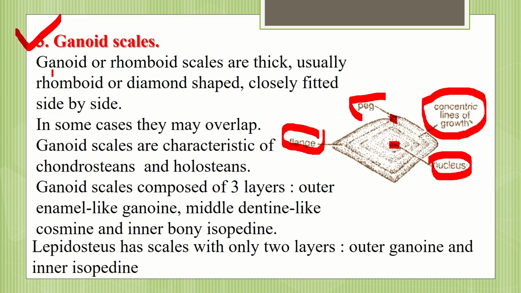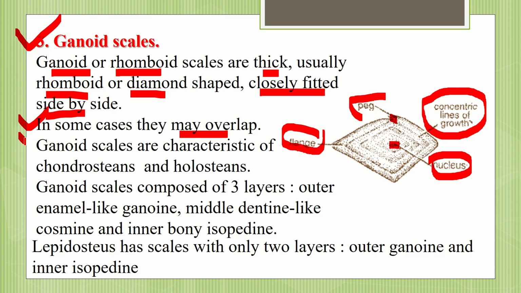Ganoid or rhomboid scales are thick, usually rhomboid or diamond shaped. These are closely fitted side by side; in some cases they may overlap. Ganoid scales are characteristic of chondrosteans and holosteans.